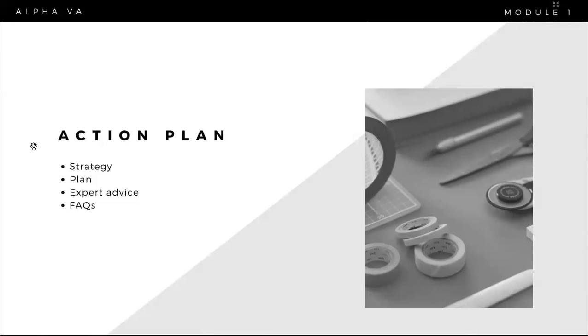Usually we send the action plan after we interview the client, or sometimes we send it twice, or sometimes after the interview. In the action plan, you can just put what you plan to do, and if you look at their website, and especially if you know what the job opening is, what position, then you can give them expert advice pertaining to that job position for their business, and the frequently asked questions.